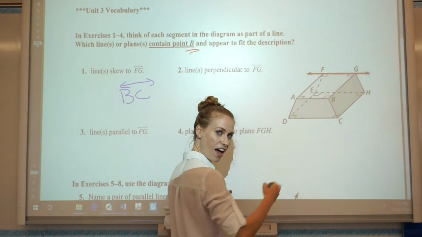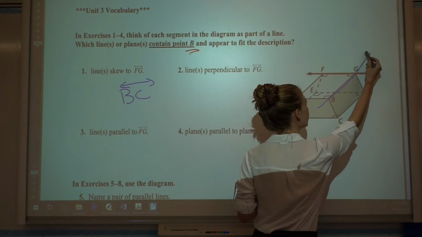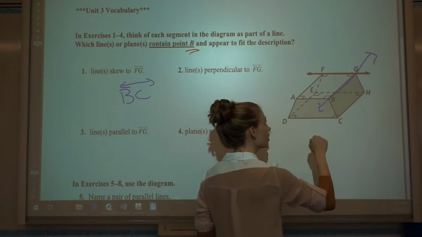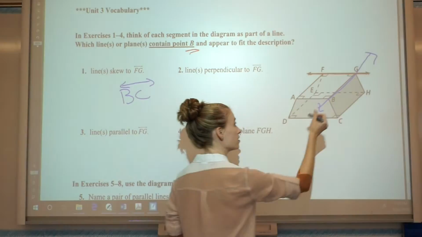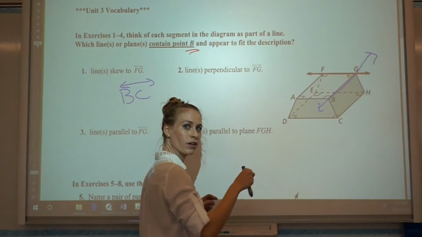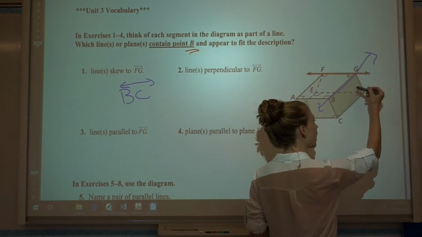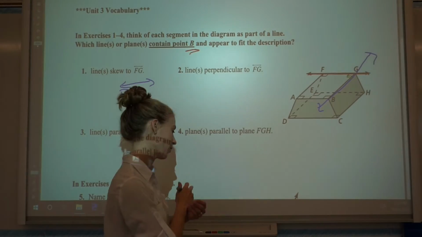I think I may have found one. Line BG. Because if we look right here, they give you a hint: that little bitty square. That square lets you know, hey, that's 90 degrees. So when these two intersect, they give me a 90-degree angle.